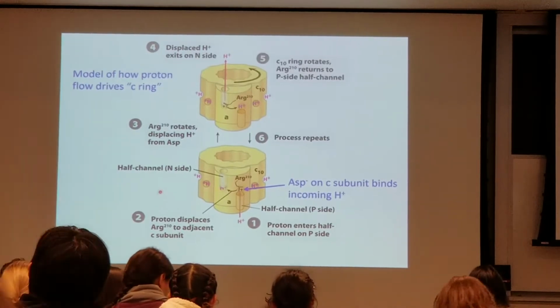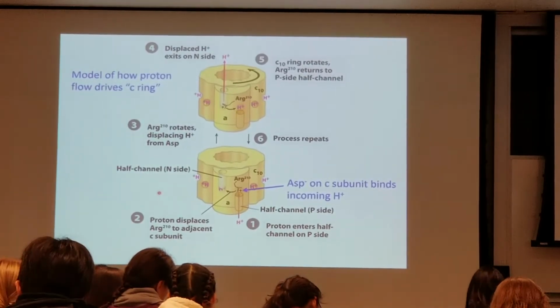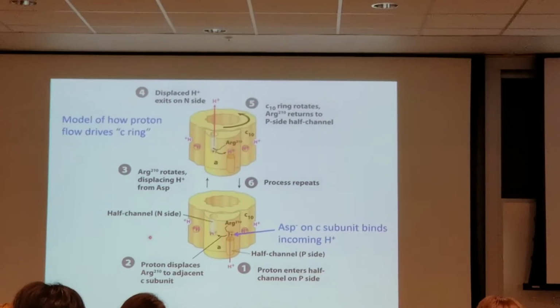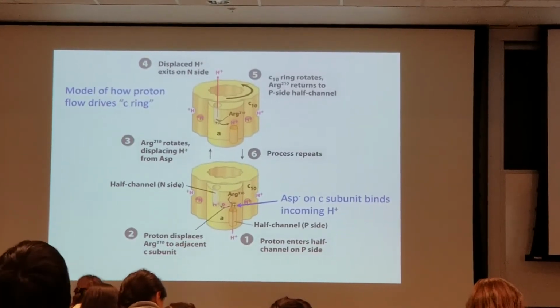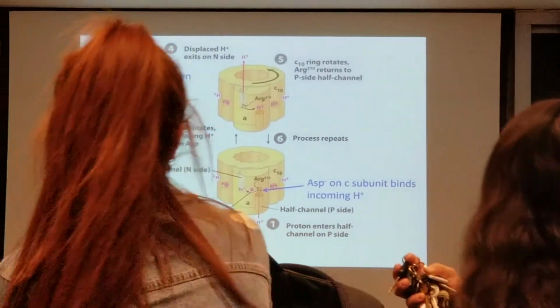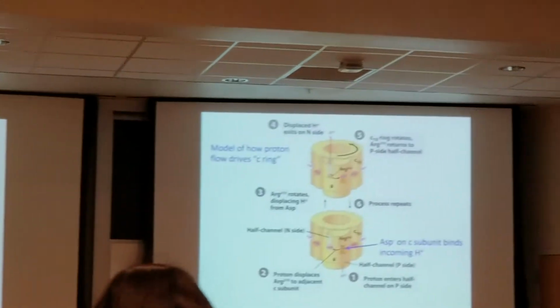So I'd like you to learn that the arginine is doing 3 very important things. One thing is that the arginine here, with its positive charge, is constantly moving back and forth. Its average position would be right here in between the 2 half channels.